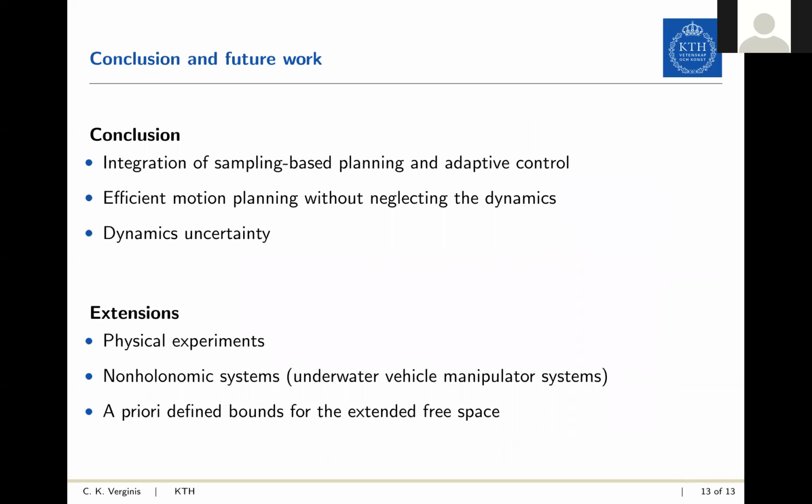So to conclude, this paper considered the motion planning problem of complex robotic structures like robotic manipulators. We integrated sampling-based motion planning techniques with adaptive control. We first designed a traditional adaptive backstepping controller that takes into account and compensates for the uncertain dynamics.